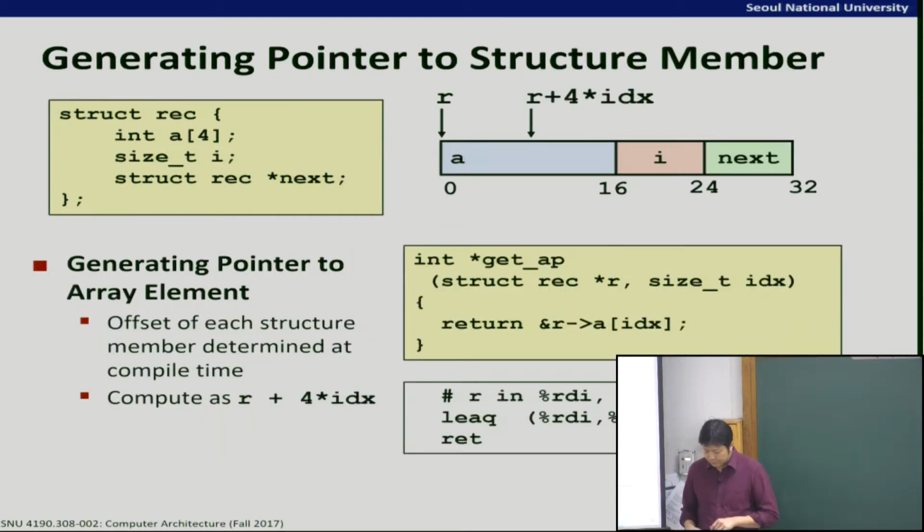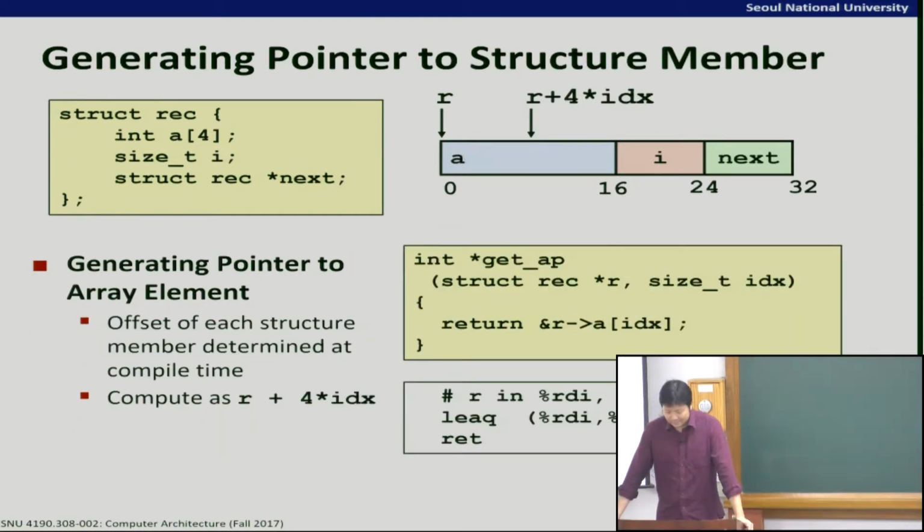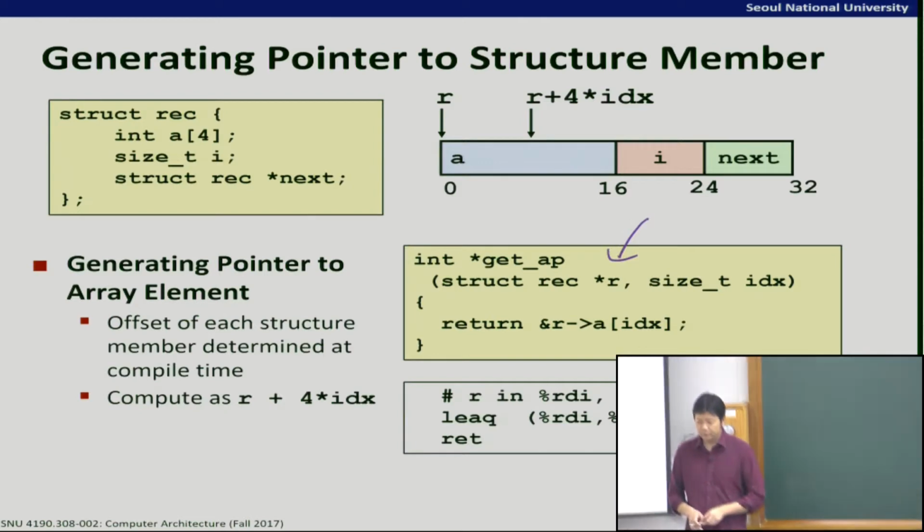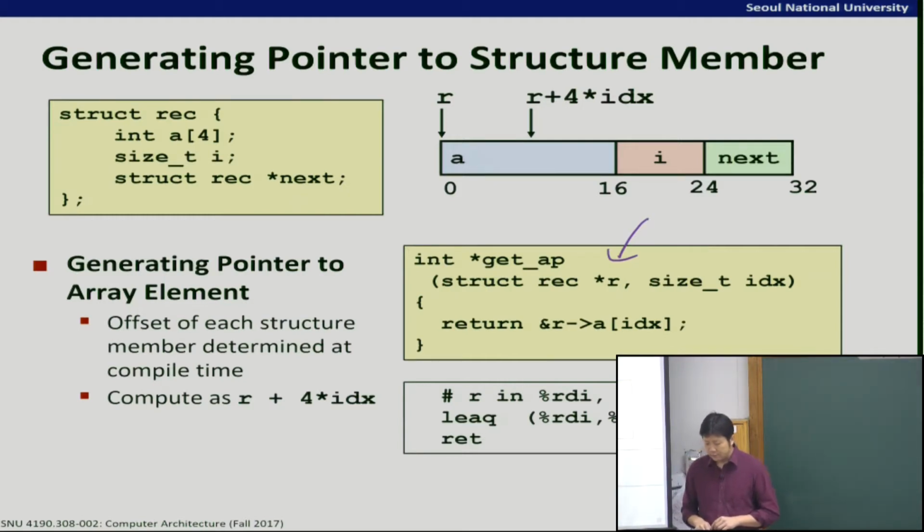So here's the example code of accessing this struct. Let's think about this integer get app function here. It takes 2 input arguments. The first one is the pointer to the struct R, and the second one is the index value.